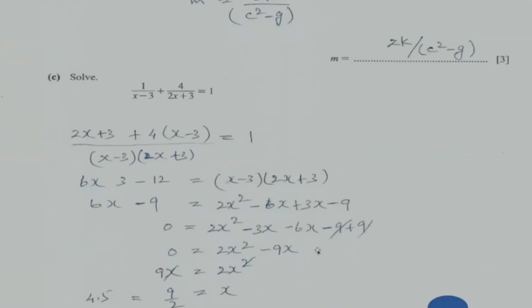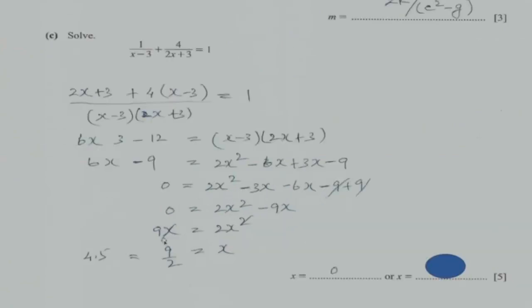This 9 and 9 cancel. 2x squared minus 9x. 9x we can take again this side, then x and x cancel. Then x equals 9 over 2, 4.5. So x is having two values, x is 0 and the other value is 4.5.